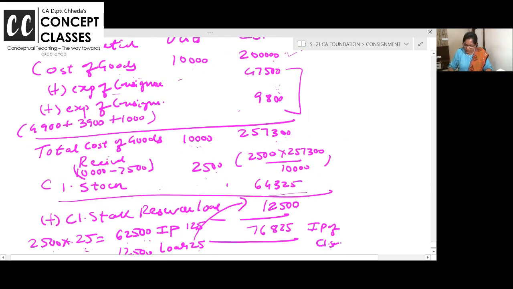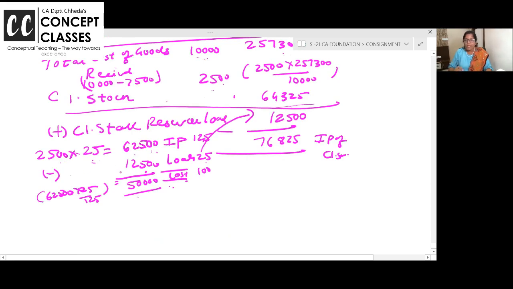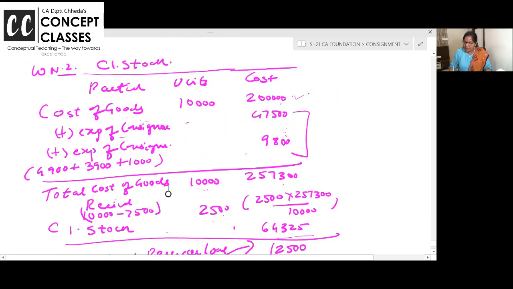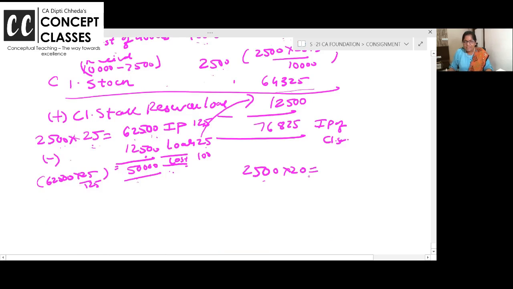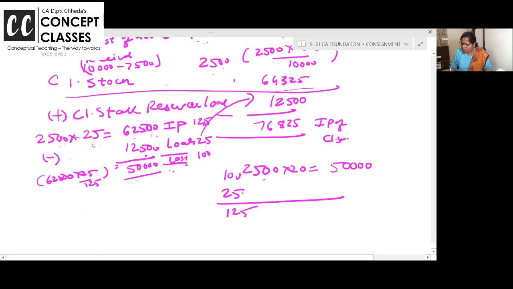So 2,500 units at 20 comes to how much? 50,000. But I have added in this profit 125 loading, that is 12,500, and I have sent you in 62,500.